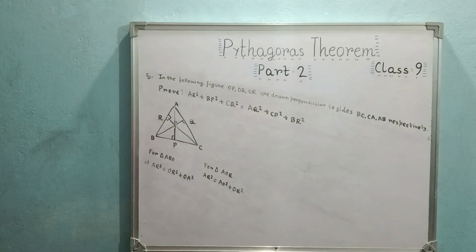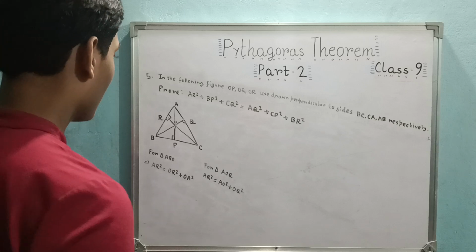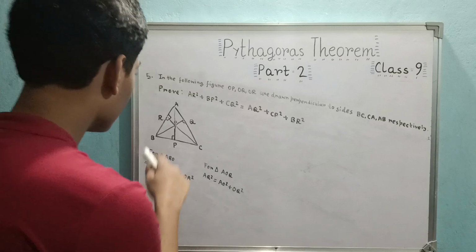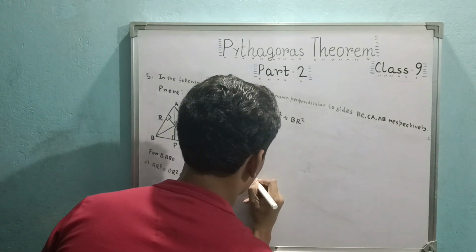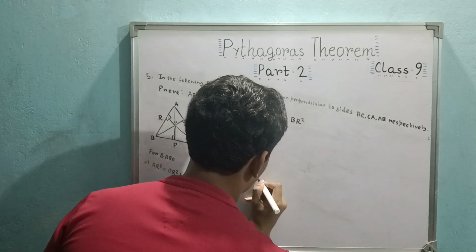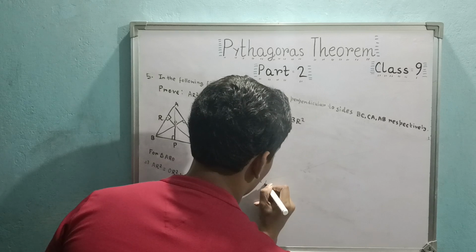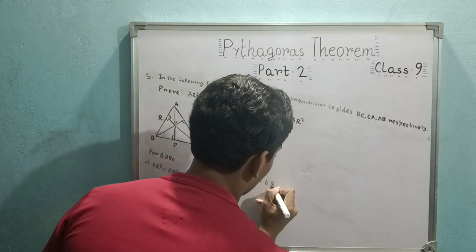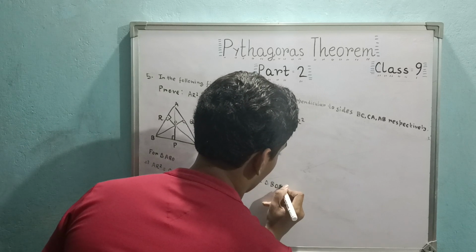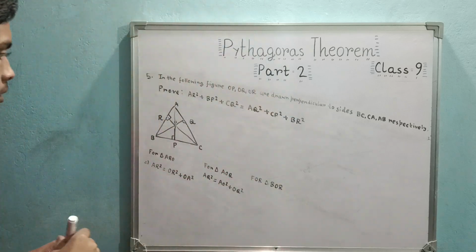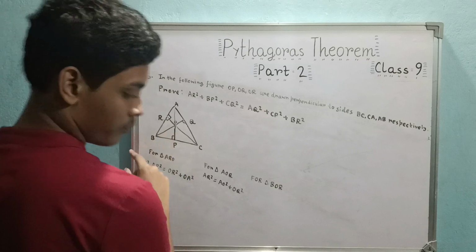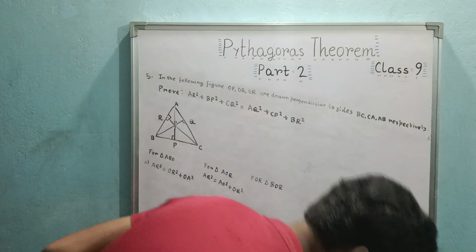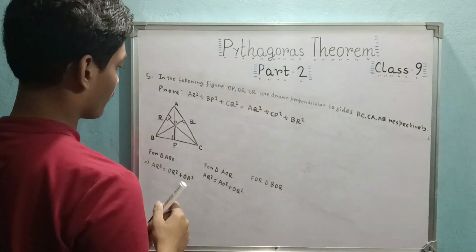That's all right. Then for triangle BOR, which will be the hypotenuse? This one, I think. Yes, this is the hypotenuse.